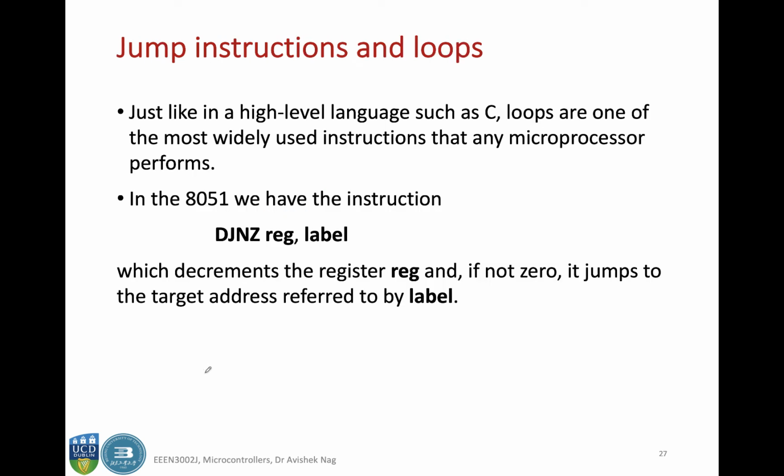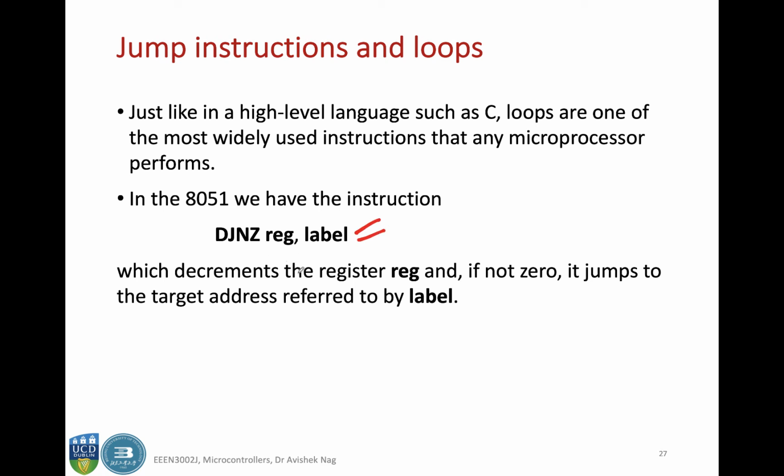So let's look into the jump instructions and the loops. You saw the use of labels with the jump instruction. In any high-level language like C, loops are one of the most widely used constructs. In a microprocessor also, we can use loops with this type of instruction.